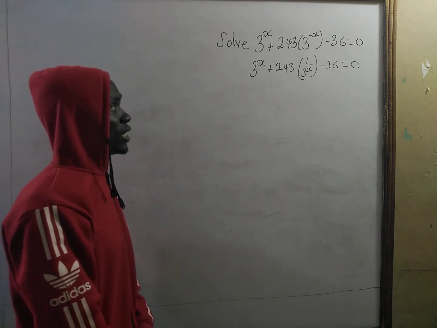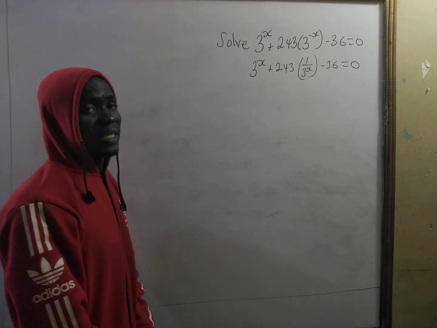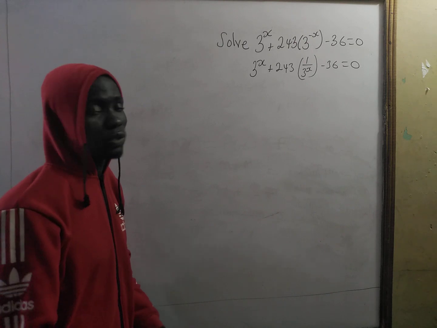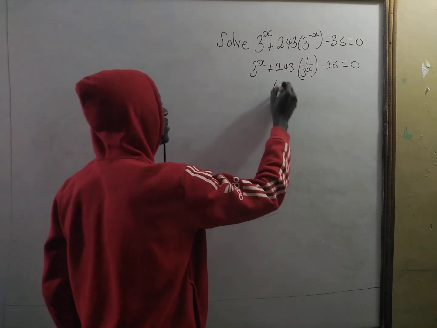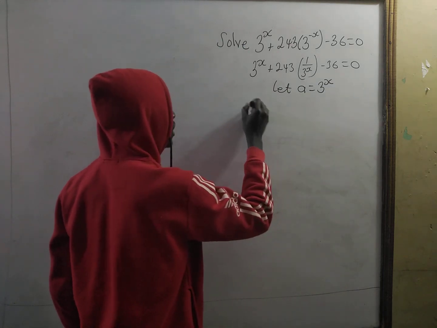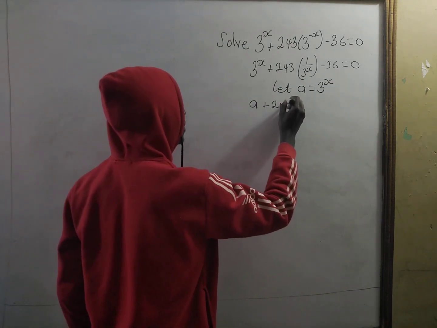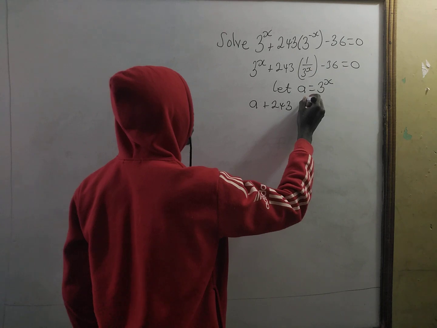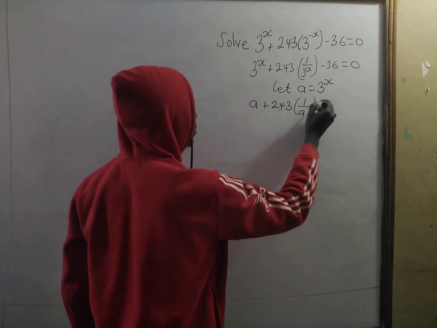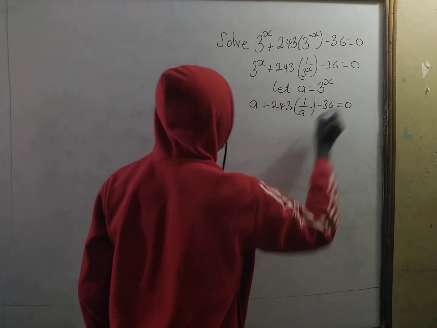So we have 3 exponent x plus 243 times 1 on 3 exponent x minus 36 equal to 0. If we let a equal to 3 exponent x, we have a plus 243 times 1 on a minus 36 equal to 0.